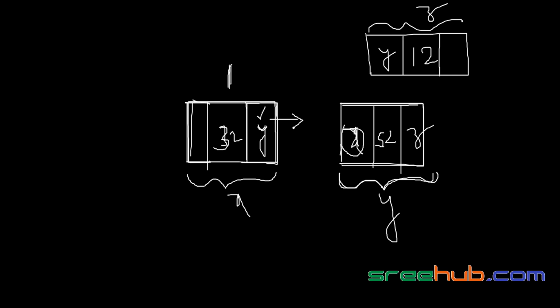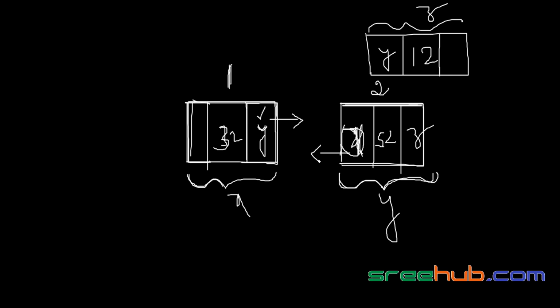Now come to the second node, which is 52. In this 52, first thing is I want to check whether there is some node before or not. Now this memory address is X and I am saving X here, which means 52's previous value is my 32. You understood this first?